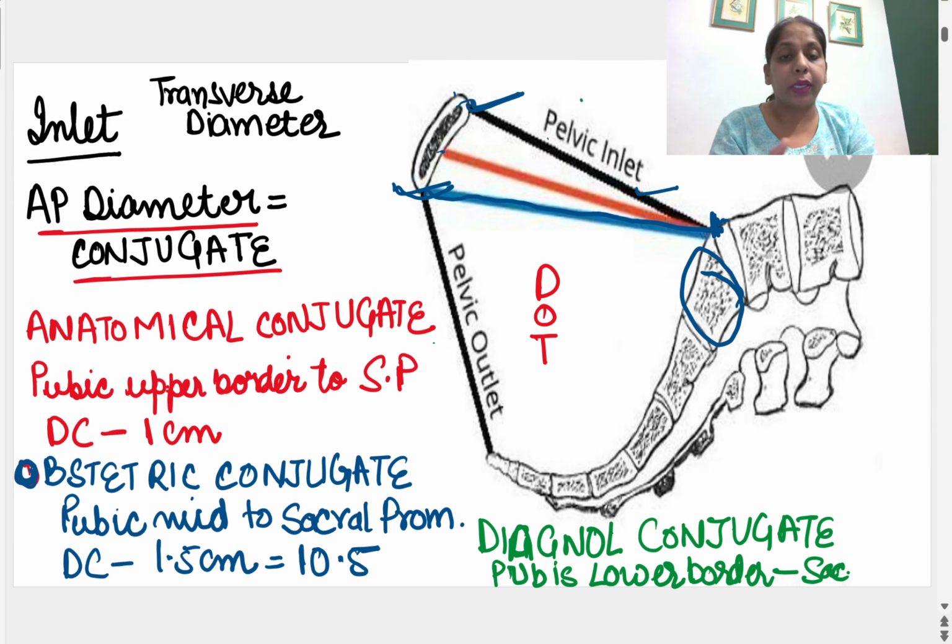Once again, diagonal conjugate minus 1 centimeter is anatomical conjugate, and diagonal conjugate minus 1.5 centimeter is obstetric conjugate. Normally the diagonal conjugate is 12 centimeter, so the anatomical conjugate is 11 centimeter and the obstetrical conjugate is 10.5 centimeter.